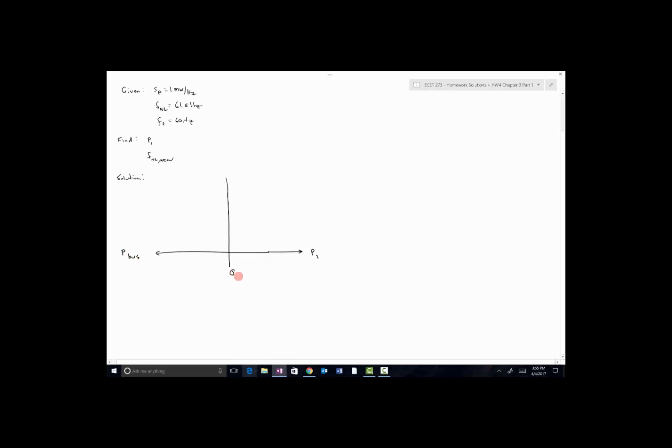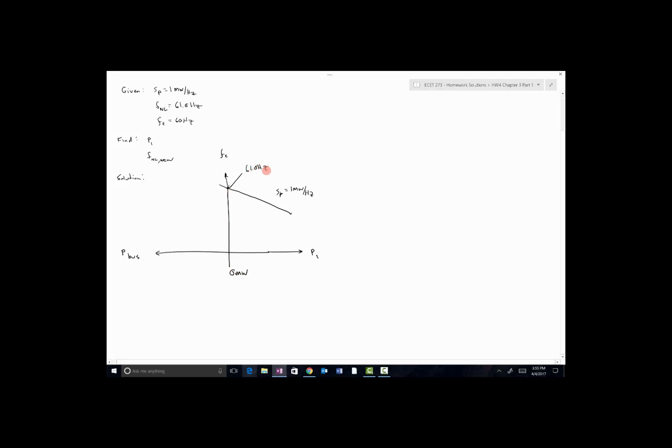The middle is still 0 megawatts or 0 kilowatts or whatever. The y-axis still represents electrical frequency. So the right-hand side of this plot looks the same as it always has. We have a slope characteristic of 1 megawatt per hertz in this example, and that intersecting point is the no-load frequency, right? It's the frequency at 0 megawatts, so that's 61.0 hertz right there.